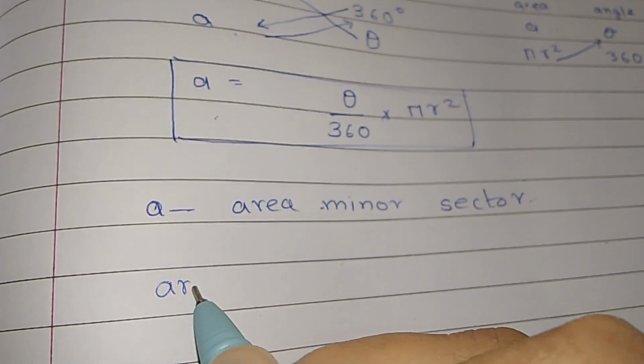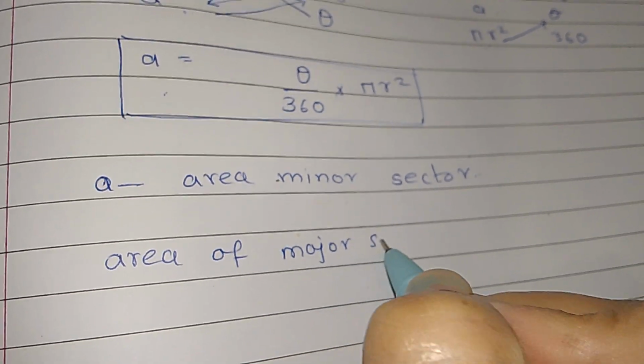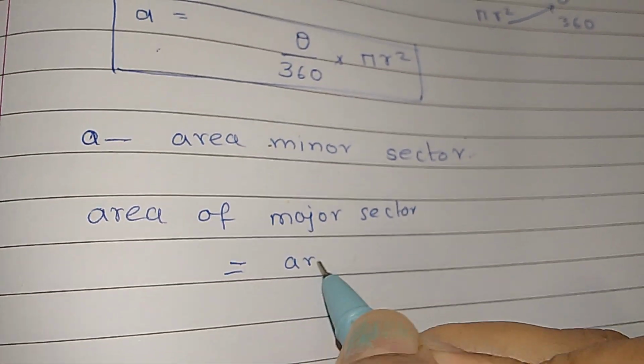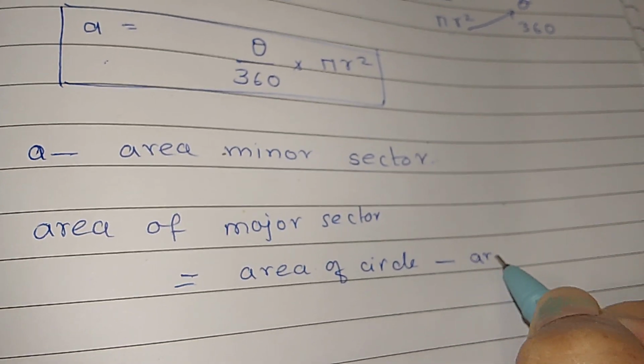Area of major sector is equal to area of circle minus area of minor sector.